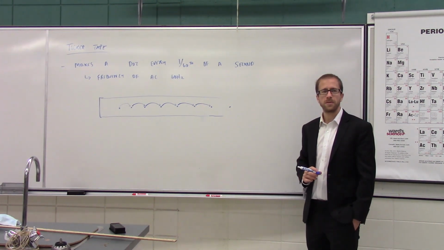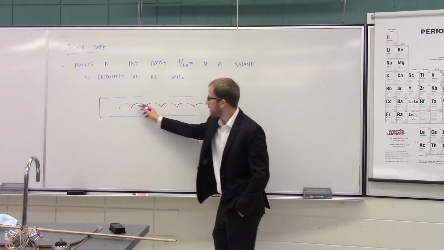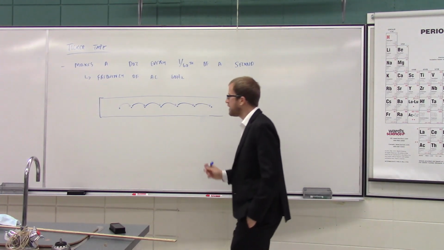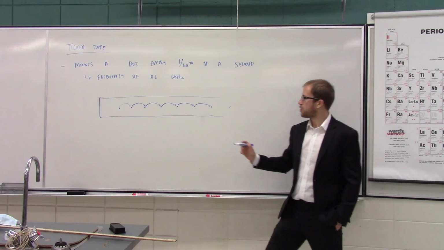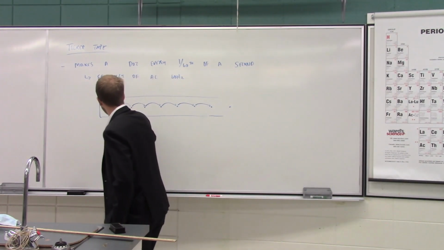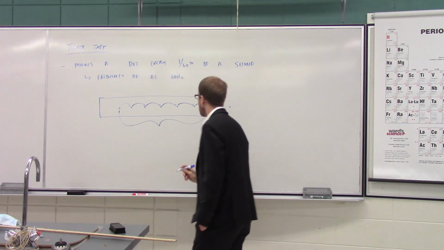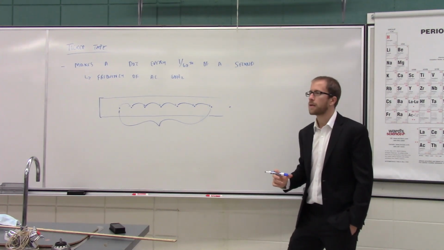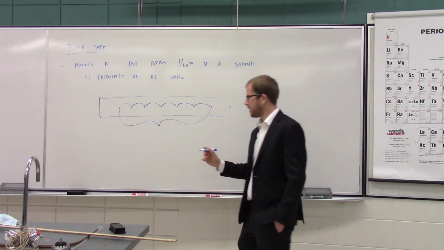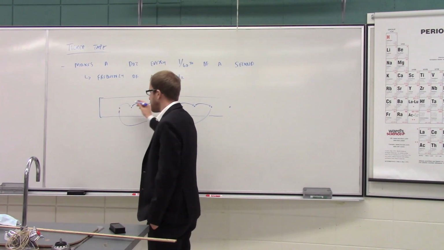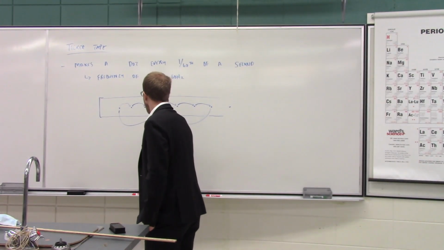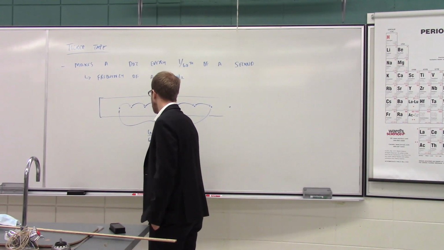Each of these represents 1/60th of a second. So in total, how much time has passed from here to here? Excellent. Since this is 6 1/60ths, that is 6.